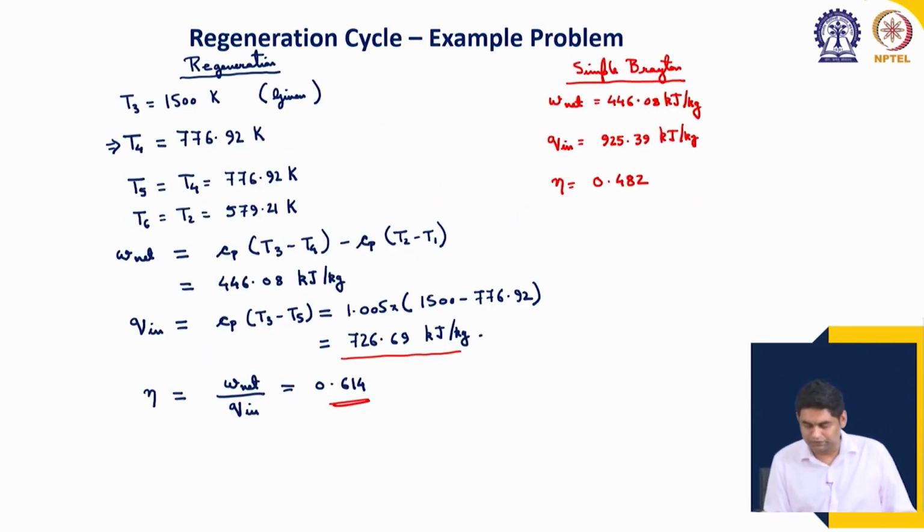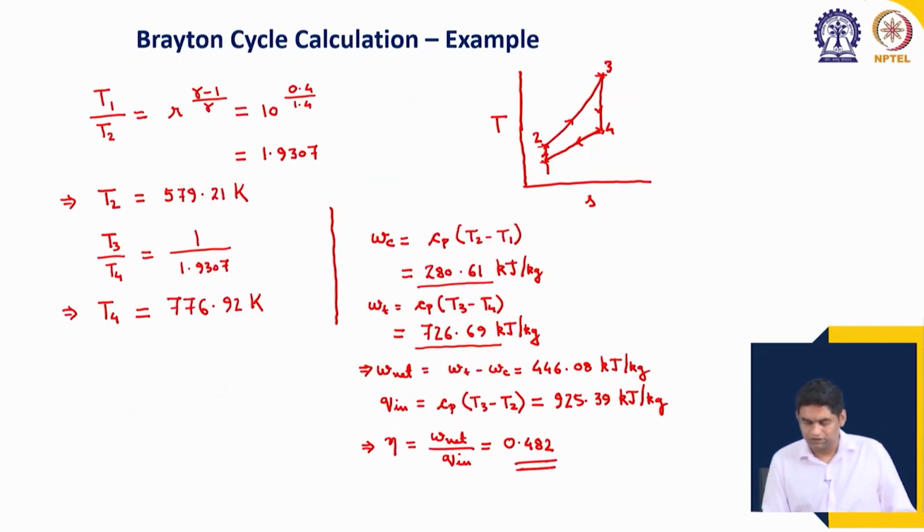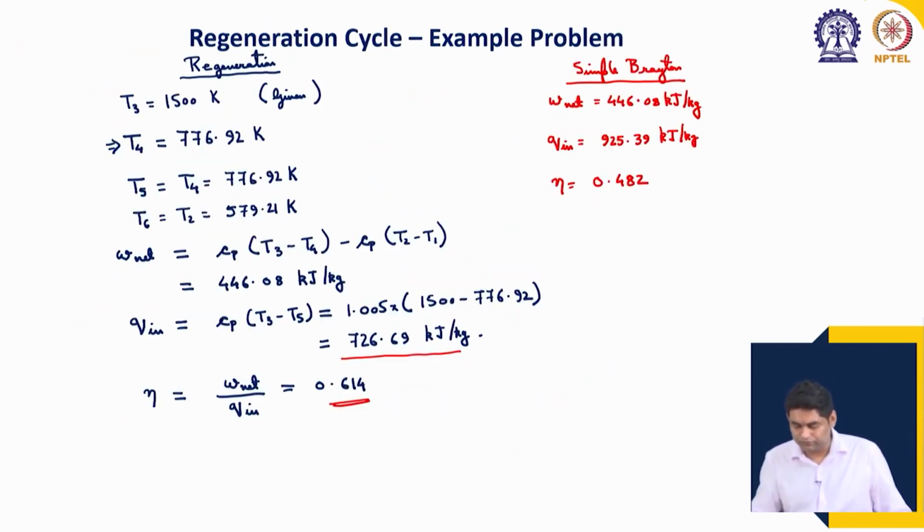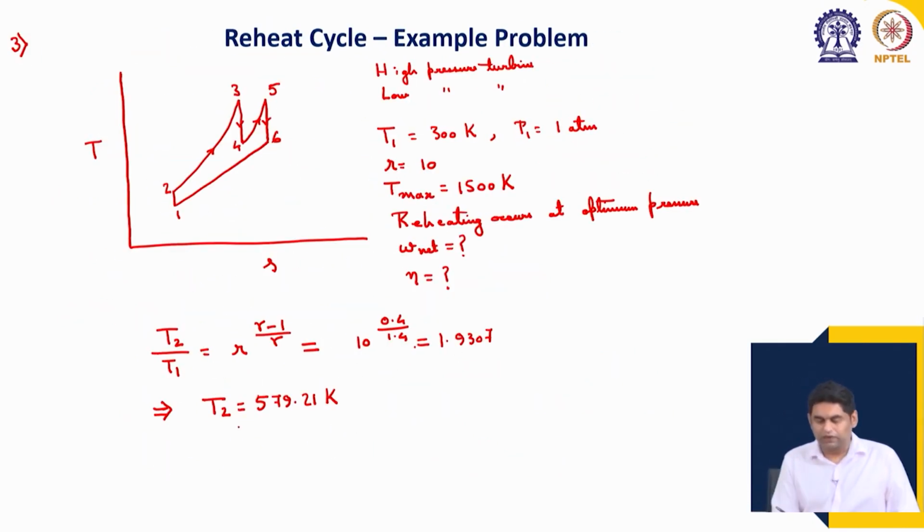You can check with the previous cases also. Here also it was 579.21 Kelvin for the standard Brayton cycle. Okay. Then what about T4? T4 and T6 are now not equal to the previous value, because there was no intermediate pressure and reheating then.